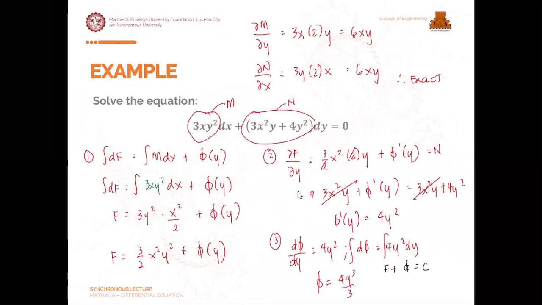So our f is 3 halves x squared y squared plus our phi, which is 4y cubed over 3, equals c. So that is our required solution for the given differential equation.